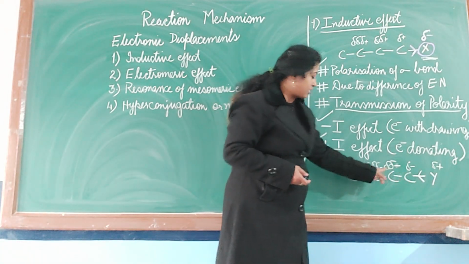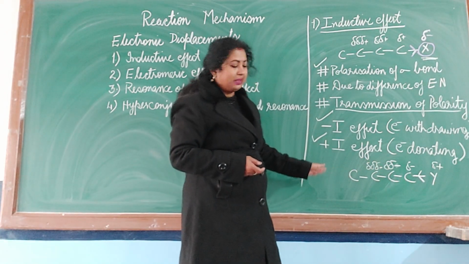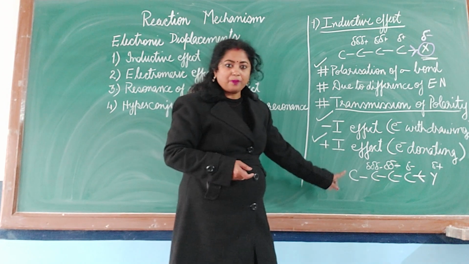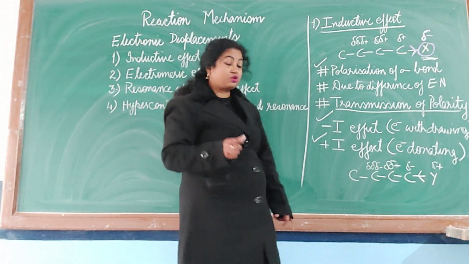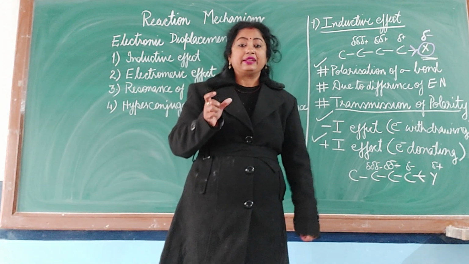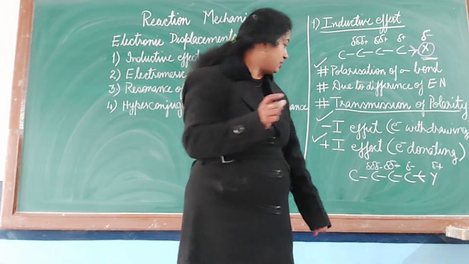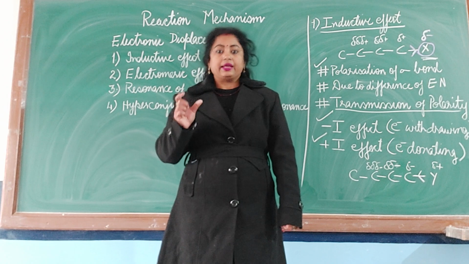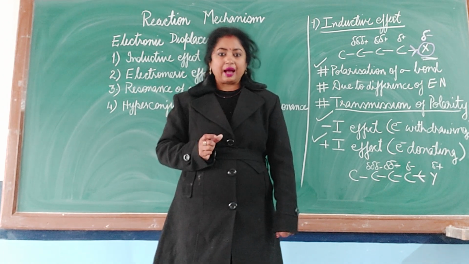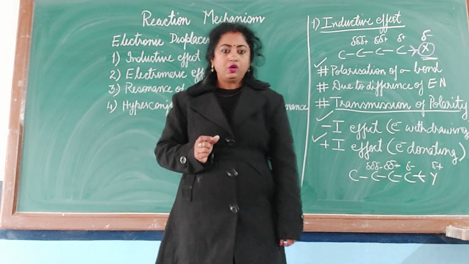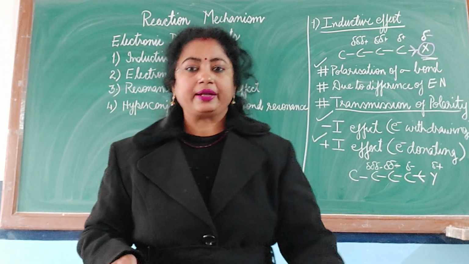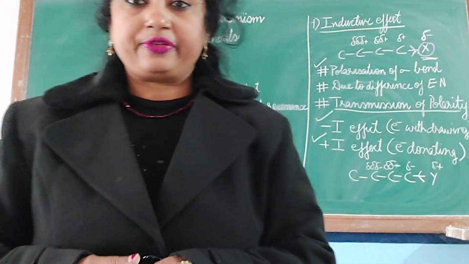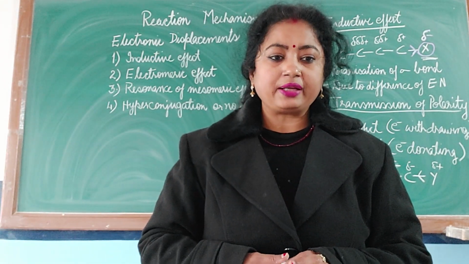This negative charge will again be transmitted along the chain, and this is the plus I effect, or by its full name, the inductive effect of an electron donating group. In short we call it the plus I effect. So if you want to write, you can write about it. Put the heading: inductive effect.